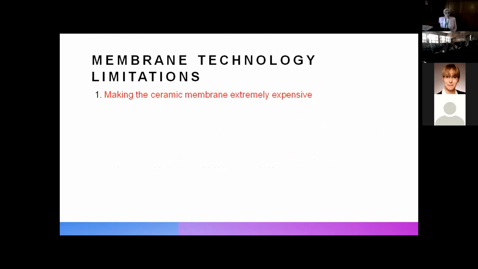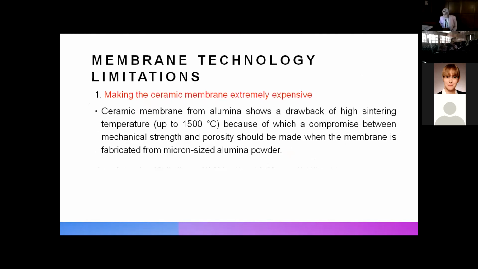There are limitations in alumina membranes, actually two. The first one is, as we said before, the cost, because alumina needs a high sintering temperature to reach the required mechanical strength and the required micron size of the alumina powder.